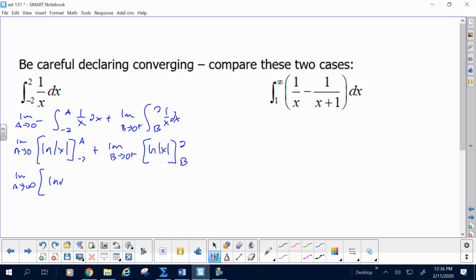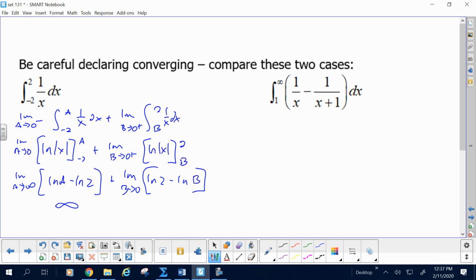Okay, log of A minus log of 2. It goes to 0. Log of 2 minus log of B. Integrate limits, fundamental theorem, and here we go evaluating. I think you'll agree that log of A goes to negative infinity and negative log of 2 does not change.